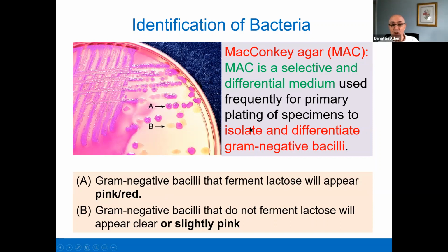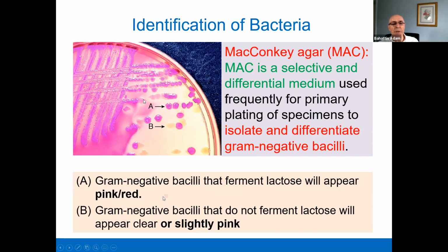lets you differentiate the gram-negative bacilli, because there are gram-negative bacilli that ferment lactose, such as E. coli, which will appear pinky, okay? And there are also gram-negative bacilli that do not ferment lactose, which will appear clear, okay, or slightly pink.